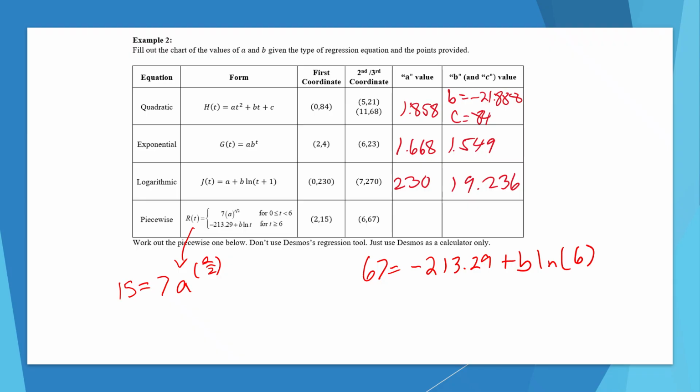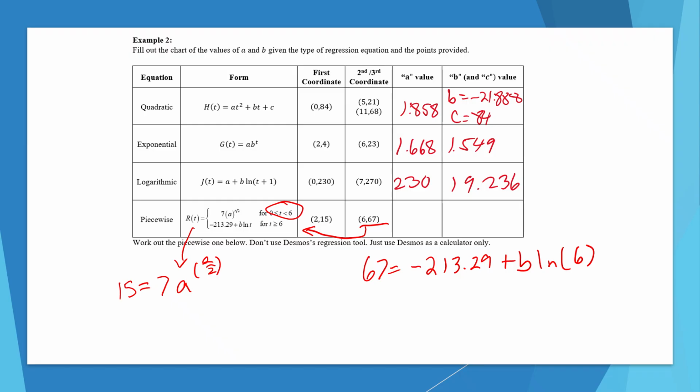And the reason why this gets plugged into the bottom equation instead of the top is because this is for when t is greater or equal to 6. And here it's equal to 6. The top equation is, if you look closely, where t is less than 6, and 6 is not strictly less than 6. Right? Now that we have our two equations, let's solve for a and b by hand.